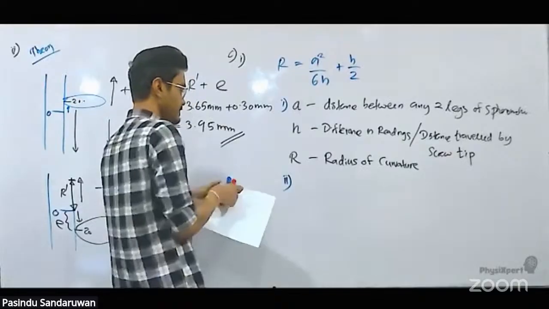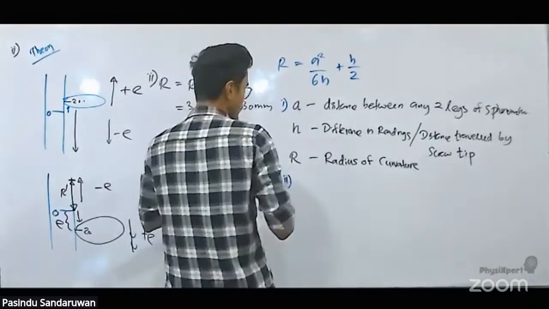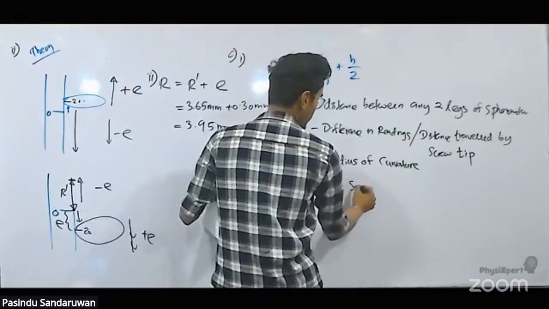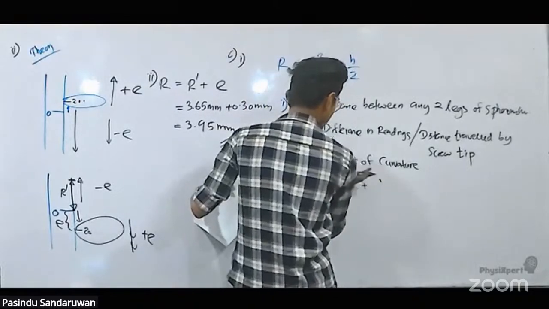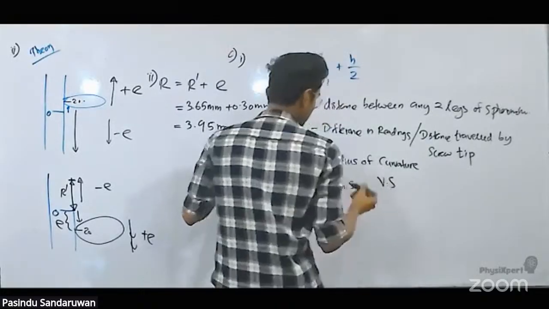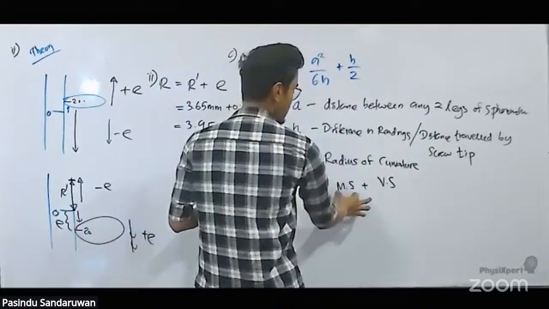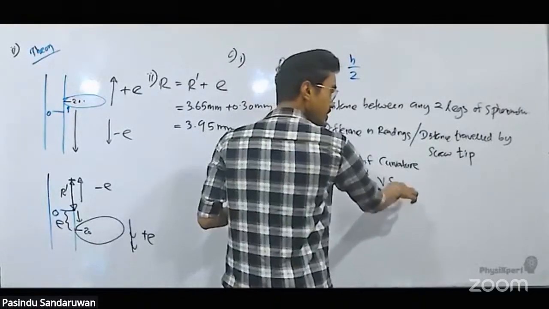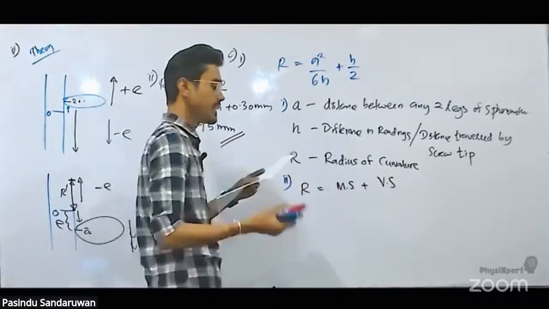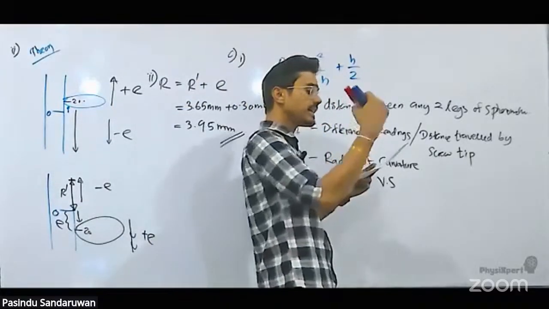State the reading. So we know the reading of any instrument which uses a vernier scale is given as reading of main scale plus reading of vernier scale. In spherometer, main scale is a linear scale, vernier scale is a circular scale. From main scale, you have to get the completed main scale.